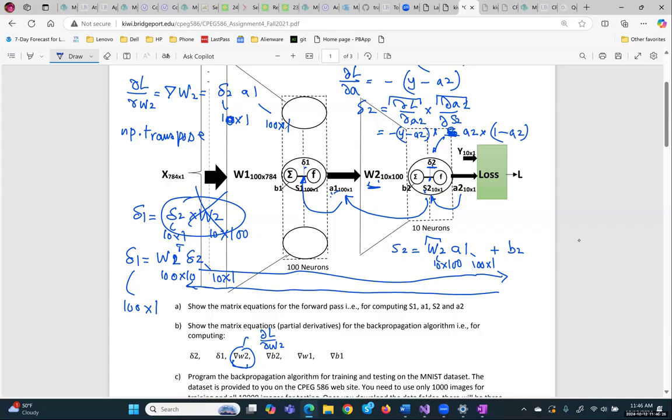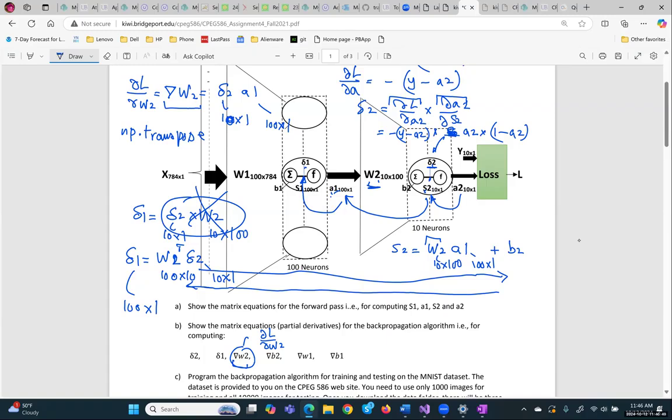What do we want in this case? What is our goal over here? What's the size of delta W2? See, what's the size of W2? 10 by 100, right?